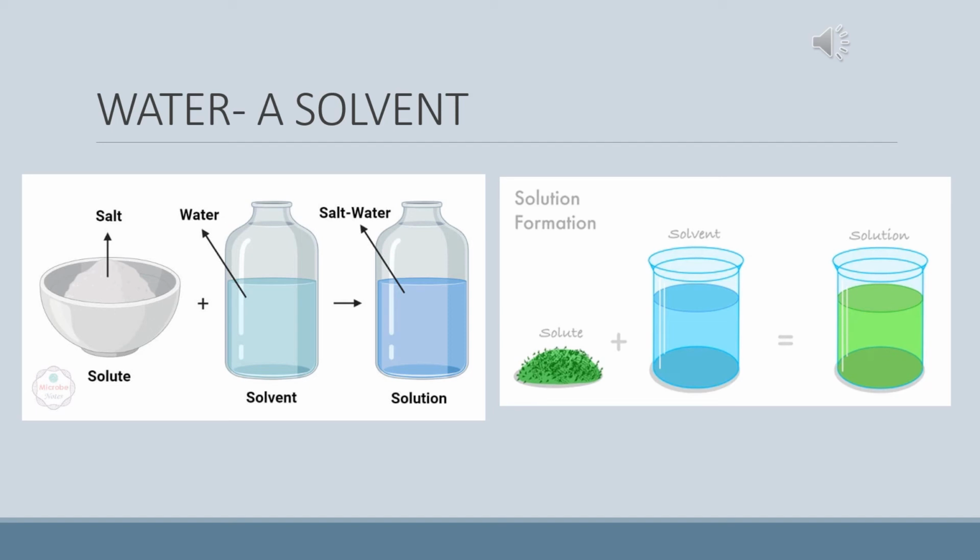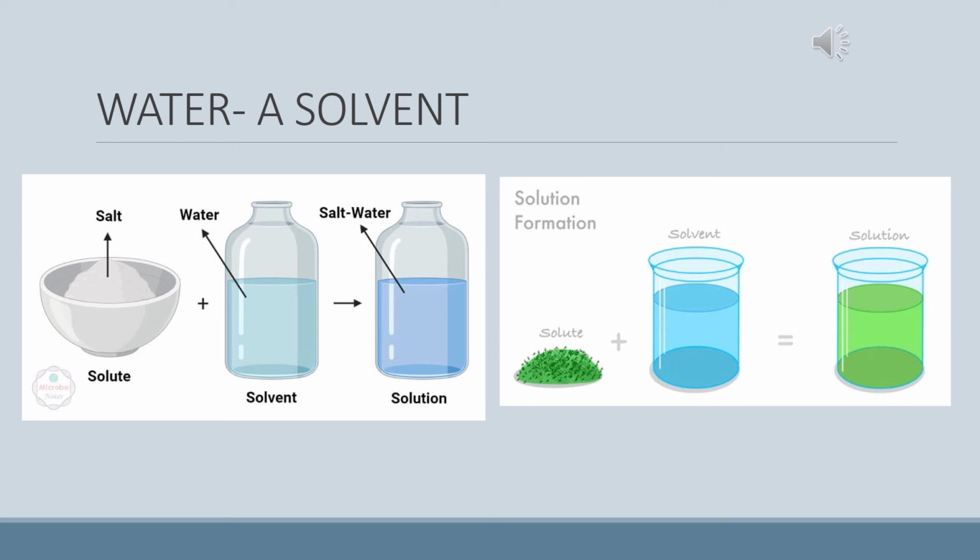Now if I am going to define what a solvent is: it is the liquid portion in a solution in which the solute gets dissolved. The solute is the substance which is getting dissolved in the solvent. Together, when the solute and the solvent are dissolved, it is called the solution.